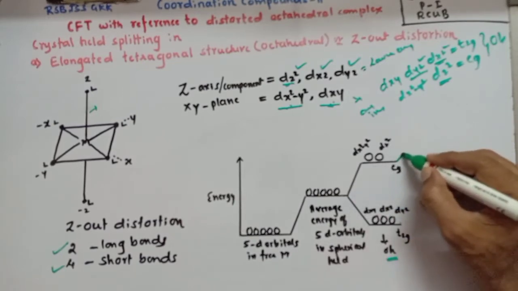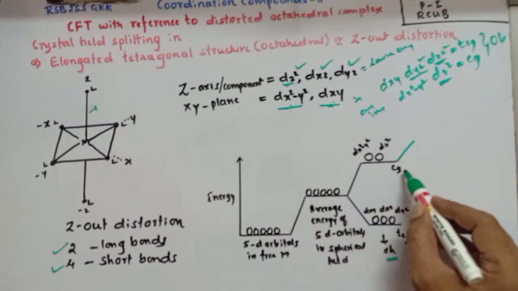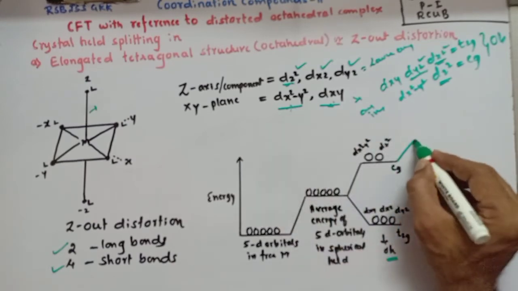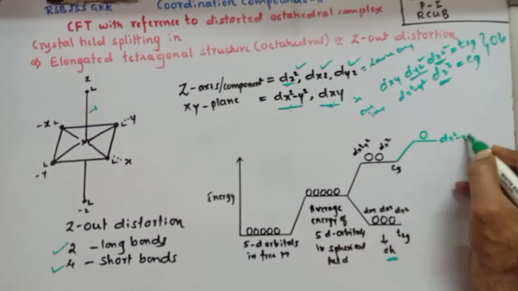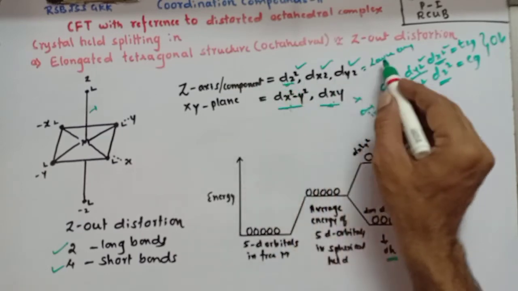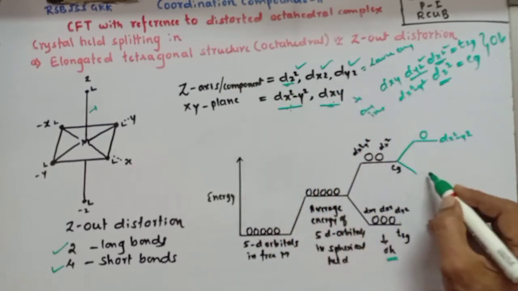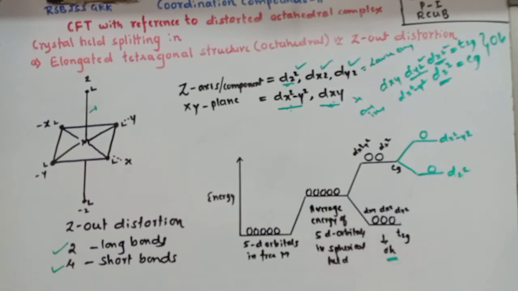Since dx square minus y square is in the EG set, I will write it here, and at the same time the dz square orbital energy is less, so it goes here.